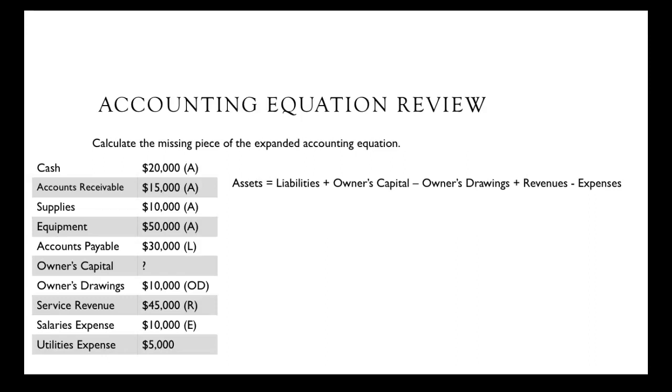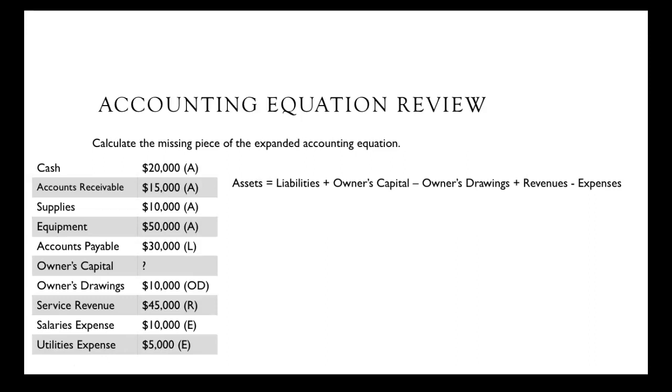And then we have salaries expense and utilities expense, and both of those will fall under expenses. So that's the first step that I would recommend doing in a problem like this. Especially when you're working on a homework problem or an exam problem, it's probably not going to be set up in nice groups like it was here, right?